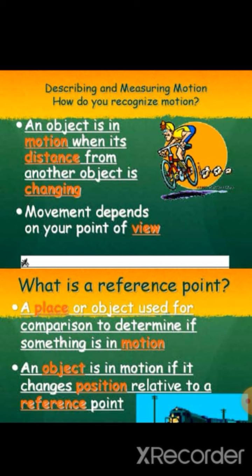Consider that your house is 5 kilometers from our school. We have mentioned that the position of your house with respect to the school is 5 kilometers. Here, the school is taken as the reference point.